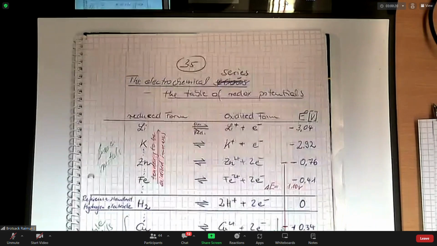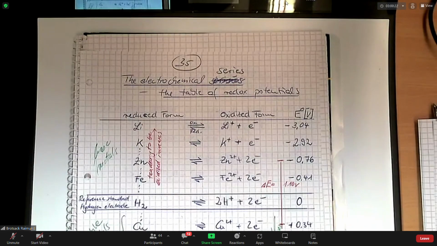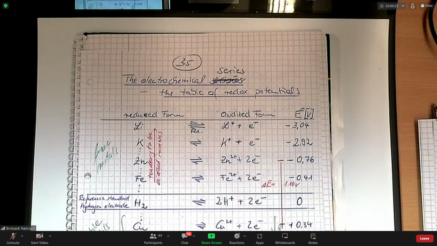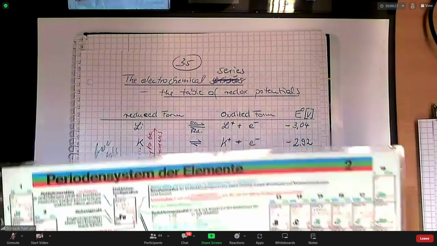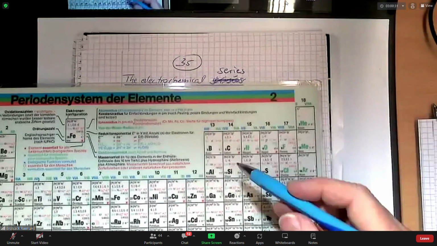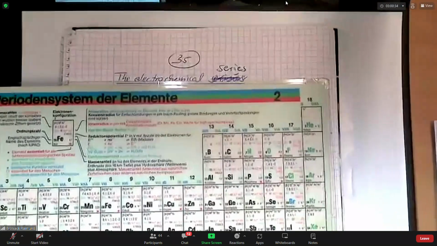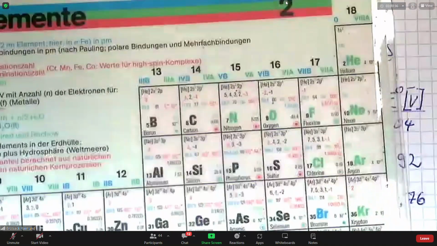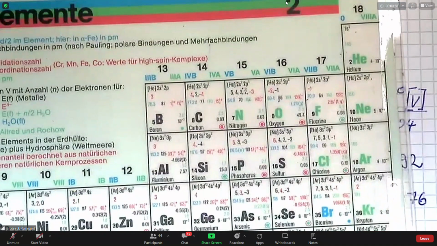Aluminium, what do you know about aluminium? 3+, yeah, you can see maybe. Do you think aluminium is noble? Is it a noble metal or an ignoble metal? It's ignoble, yeah, it's not very noble.